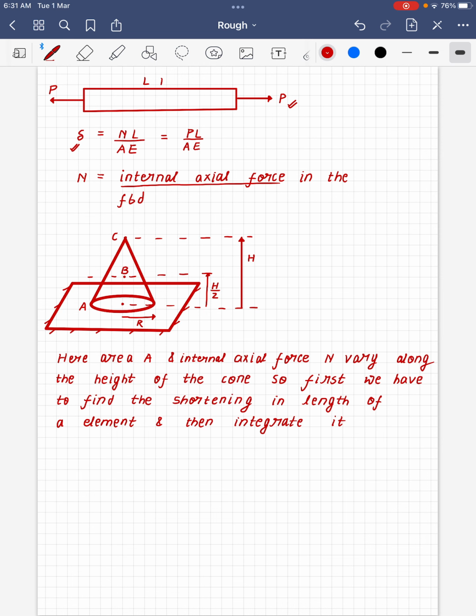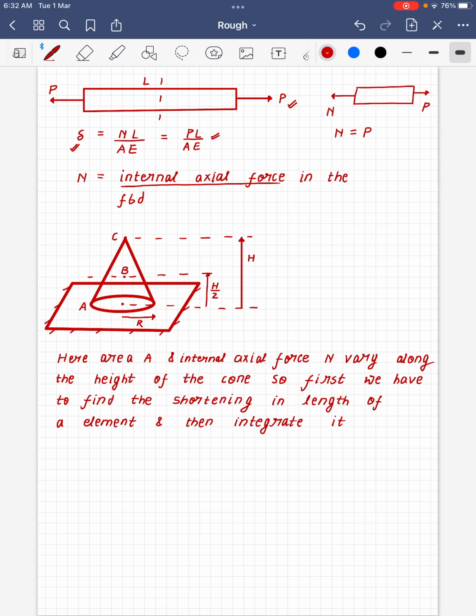If we cut a section anywhere along the length of the bar and construct its FBD, then we can find the internal axial force. This FBD will remain in equilibrium, so N is equal to P.